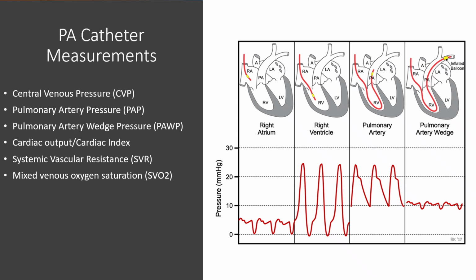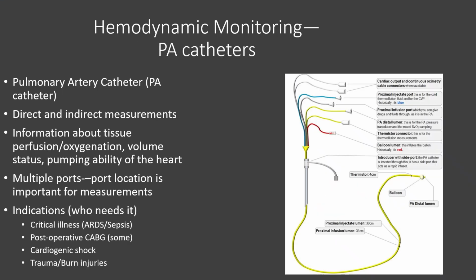And we can get a variety of different measurements from these pulmonary artery catheters, such as your CVP, your pulmonary artery pressures, the pulmonary artery wedge pressures. And this is going to give us a very accurate idea of a patient's hemodynamic status. Next, I want you to look at the different lumens of the pulmonary artery catheter.